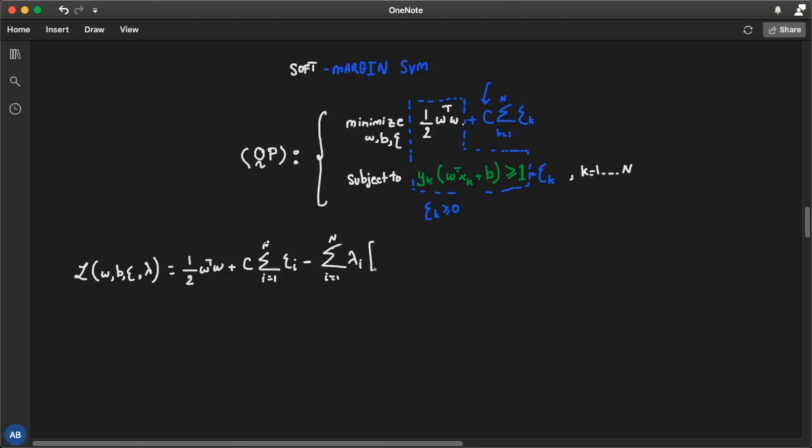That is y i into W transpose x i plus b minus 1 plus psi i.